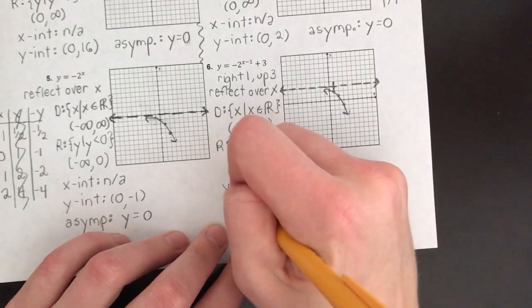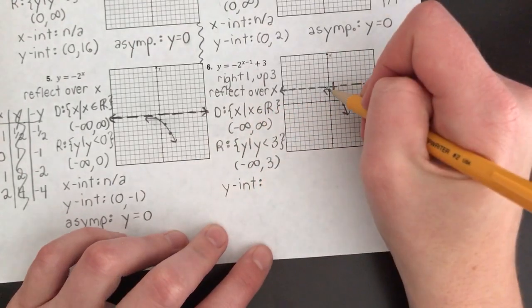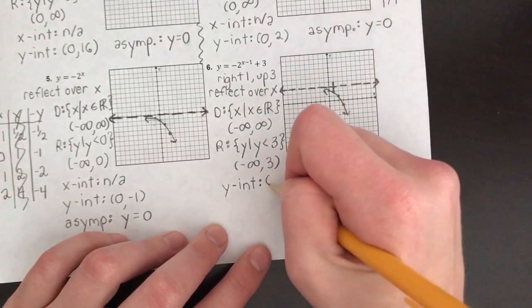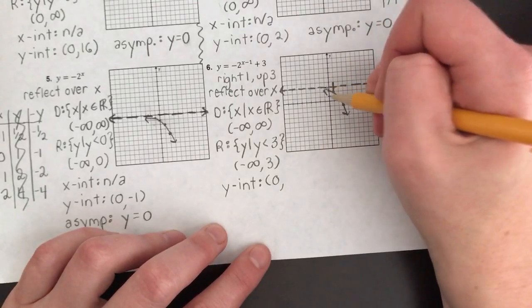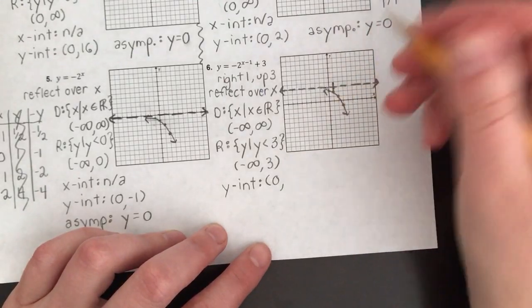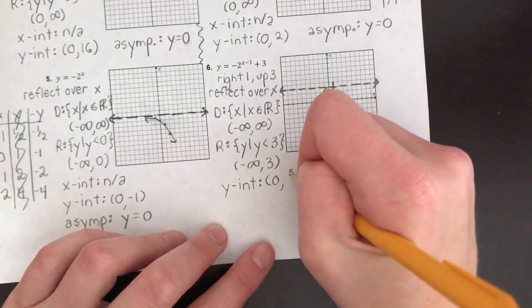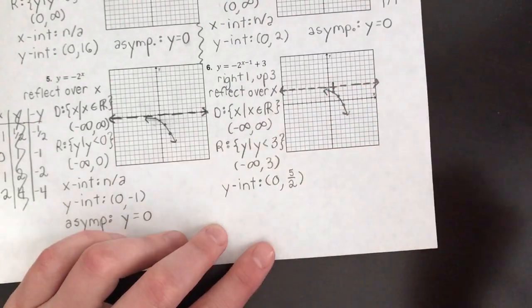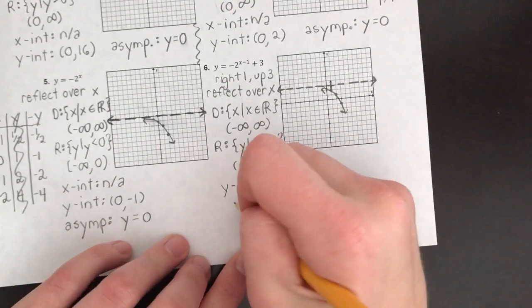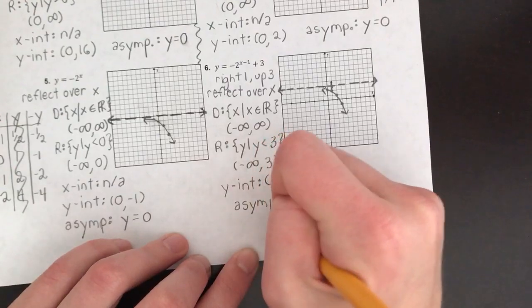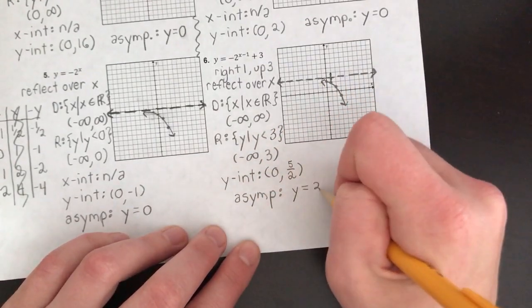My y-intercept, while it's not a whole number value, there's no guessing involved. I know exactly what point this is. It's 0, comma, that was down 1/2, so this is up 2 1/2, so it's 2.5, but y'all know I prefer 5/2. Okay, and then so x-intercept, y-intercept, asymptote, last thing. Asymptote is now at y equals 3.